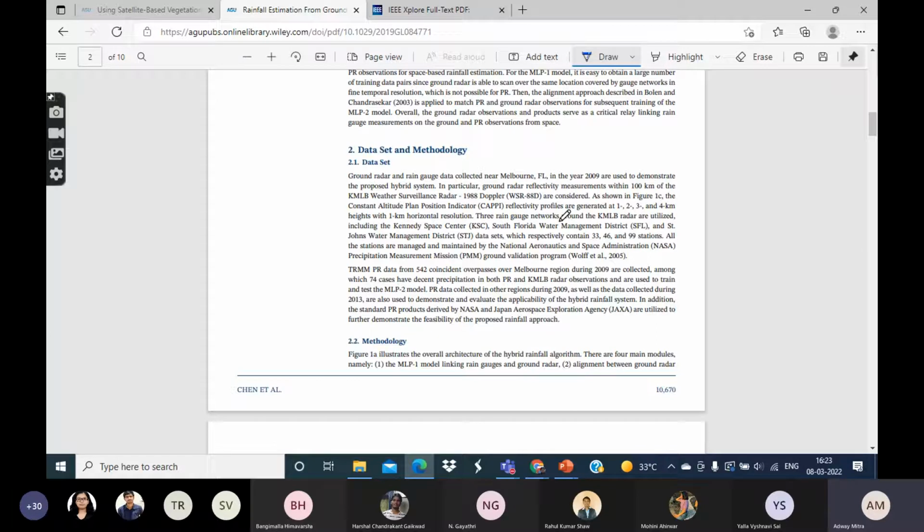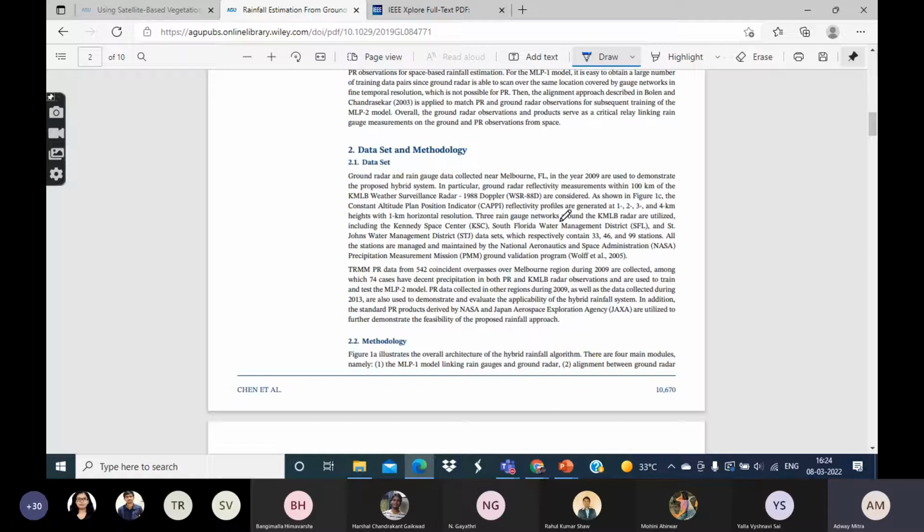So then why not go for rain gauge only? Why even talk about the radars? That is because a rain gauge is a physical infrastructure that can be set up in one particular location, but a radar image can cover a larger region. So I cannot really go about setting rain gauges at every corner of the world.